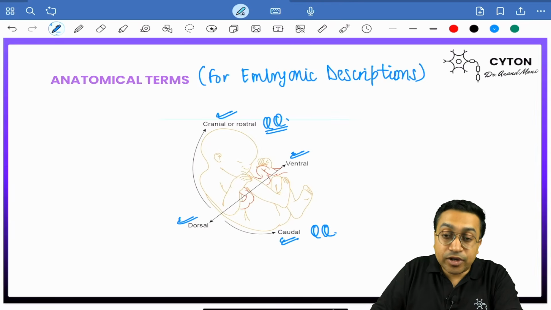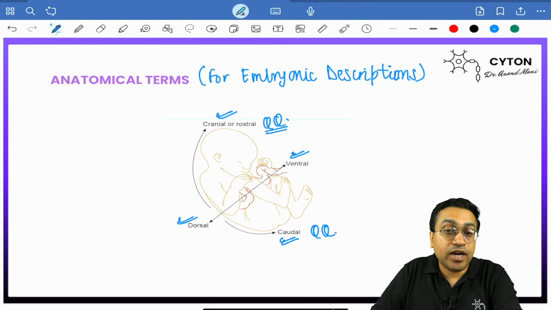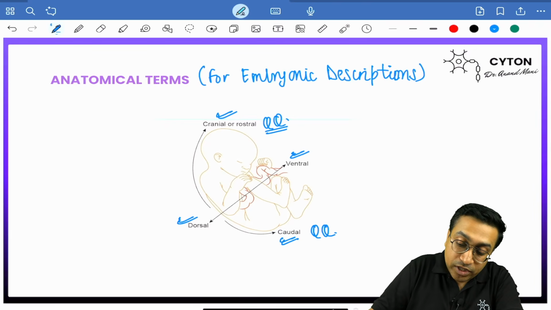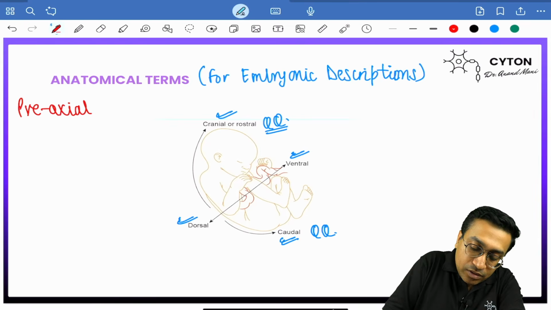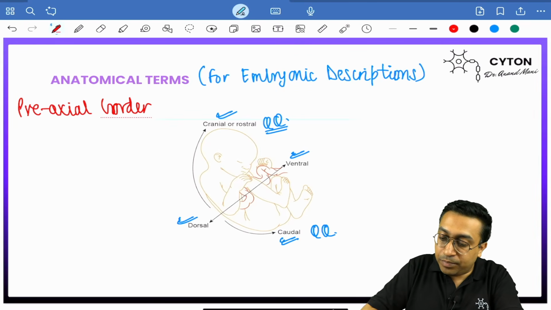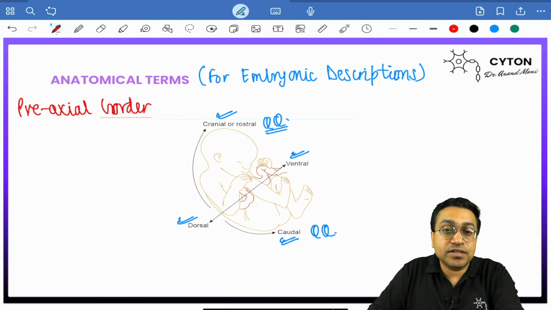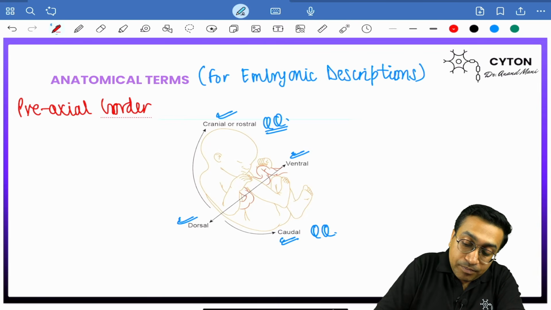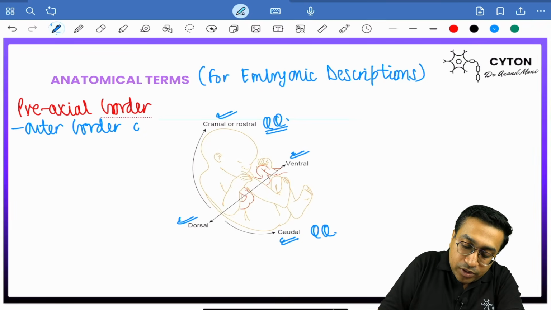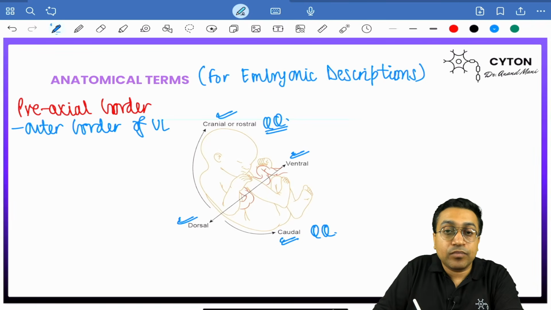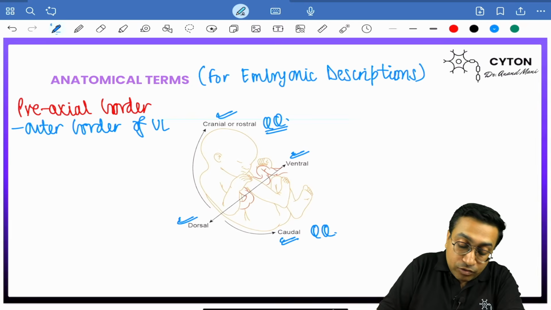Then there is some word known as the pre-axial and post-axial border. Okay, so let me write. There is something known as pre-axial border. Okay, pre-axial border that has the outer border of the upper limb and inner border of lower limb.